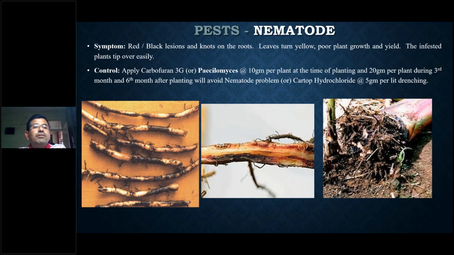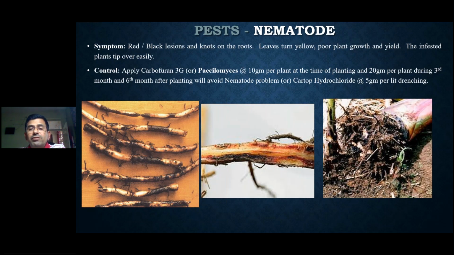The infected plants tip over easily. Once the nematode affects the roots, the plants will not take any nutrients as well as water, and the growth is totally stunted. This is the main drawback of this pest actually.